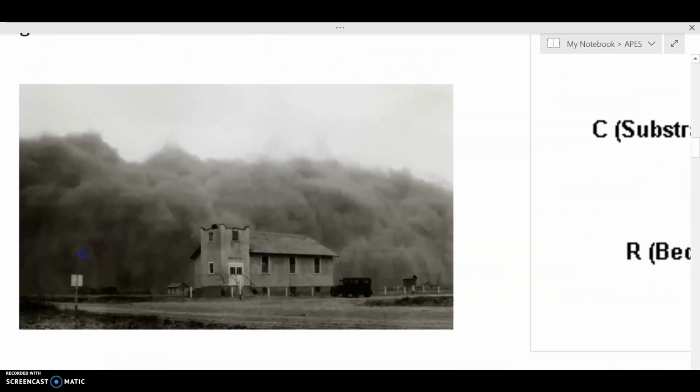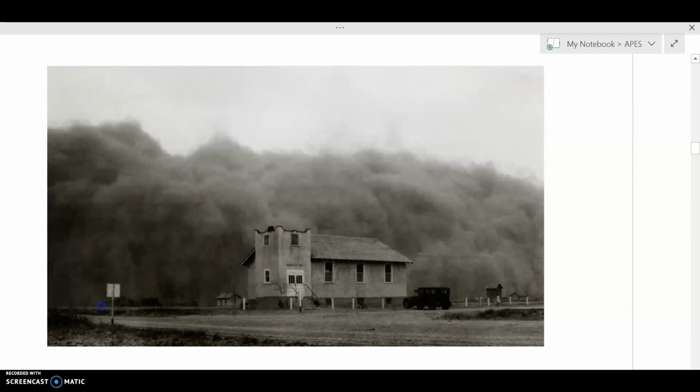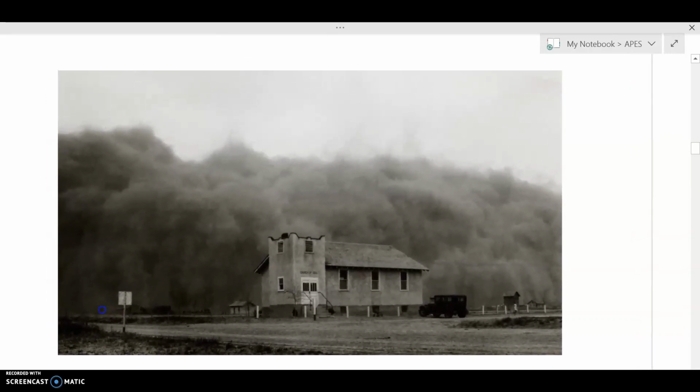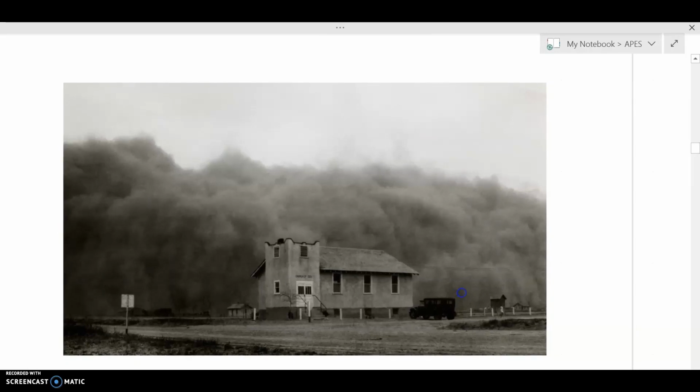Okay, here we have a picture taken during the Dust Bowl. If you're not familiar with the Dust Bowl, it's pretty much an instance in which farming practices were used that weren't exactly environmentally friendly. Farmers from the east moved out west towards the Great Plains, and they used the farming practices that had mixed success in the east.